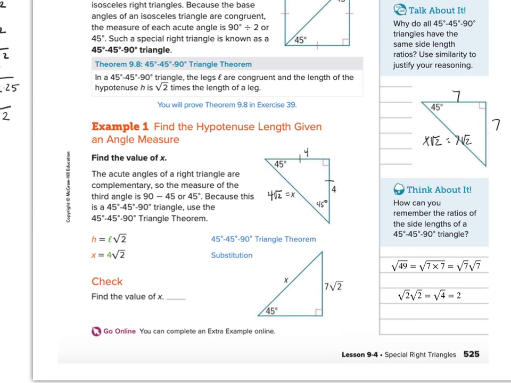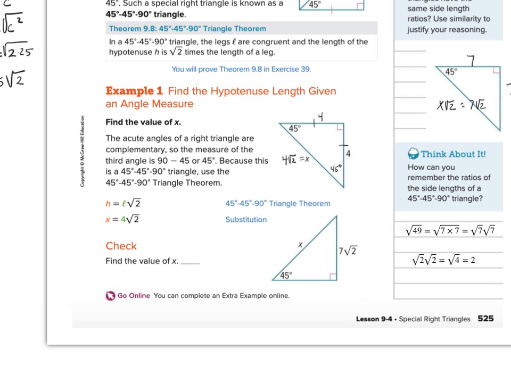Then as I start to look at this, the check becomes a little bit different now because they gave us a radical for the side length. But either way, we know the hypotenuse is equal to the side times the square root of 2. So the hypotenuse x is equal to the length of the side, which is 7 square root of 2, times the square root of 2, which gives 7 square root of 4.